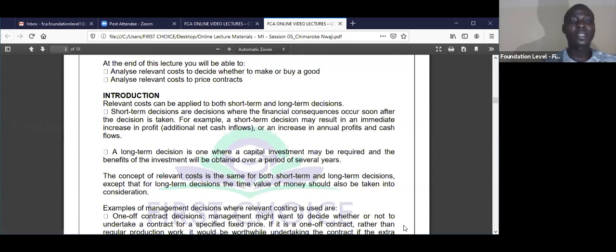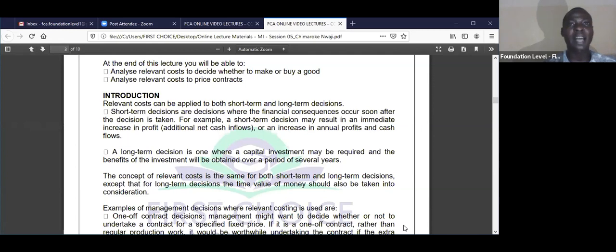Okay. Now, a long-term decision is one where a capital investment is required and the benefits last for a period of several years. So now you are not making a decision of what to sell, how to make profit within a year or so. You are making a capital investment.